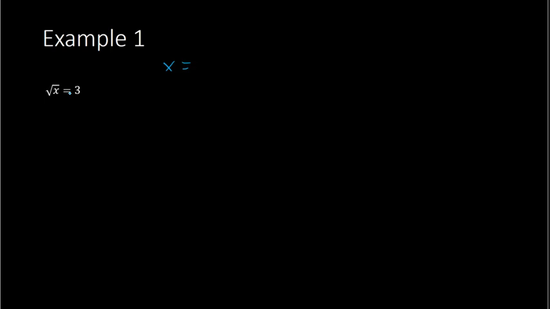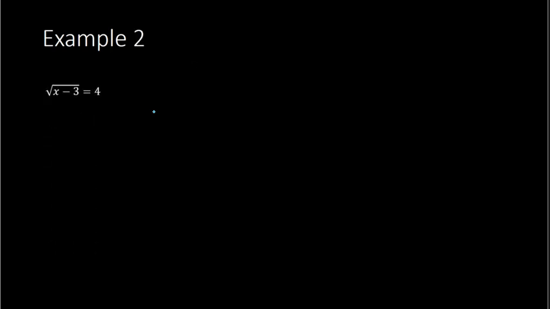So here we want to undo the square root. And to do that, I do the inverse of square root, which is going to be squaring. So what I do is I square both sides of the equation. When I do that, the square and the square root will undo each other. I'm left with an x on the left side, and then 3 squared, which is 9, on the right side. So my solution is x equals 9.